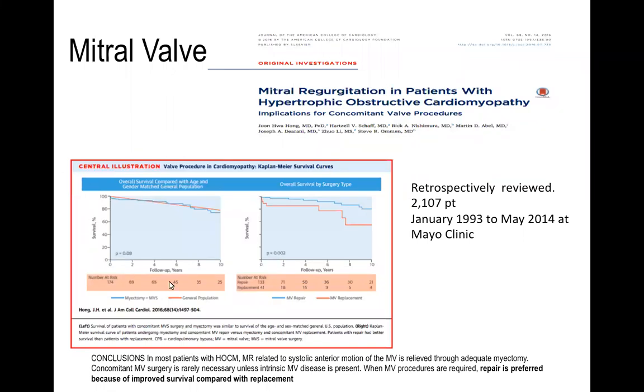And by the way, mitral regurgitation related to SAM of the mitral valve is relieved through adequate myectomy. No need to replace or repair. But in case of severe mitral regurgitation, or, as Haytham mentioned, the need to resect a lot of tissue, valve intervention is needed: replacement in case of excessive tissue resection, or repair if repairable.